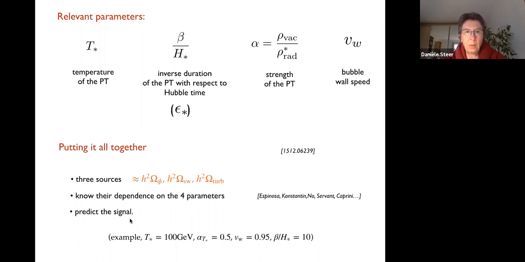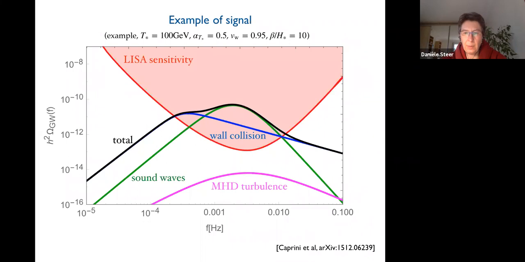So here I've taken a plot from a paper by Pierre and collaborators for LISA. Why for LISA? Because I already explained to you that the characteristic frequency for the energy scale of the electroweak phase transition falls slap bang in the sensitivity band of LISA. And here you see the result. There's a contribution from the collision of the bubble walls in blue.